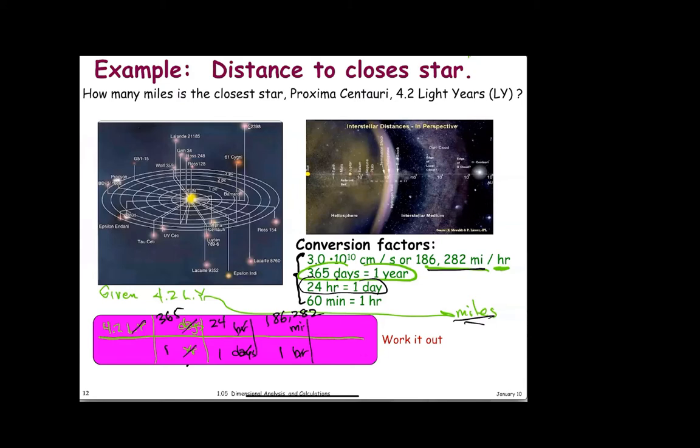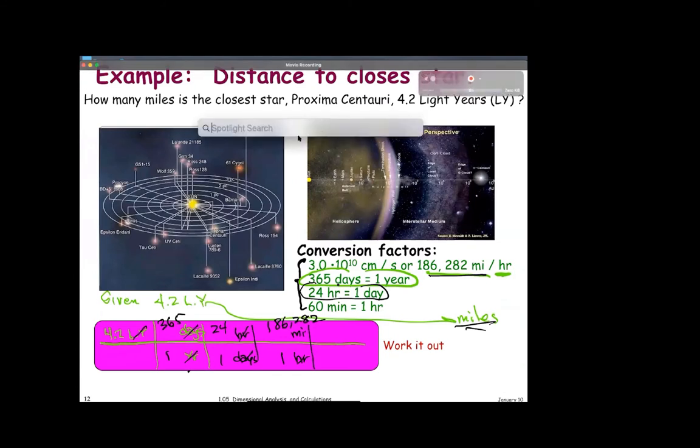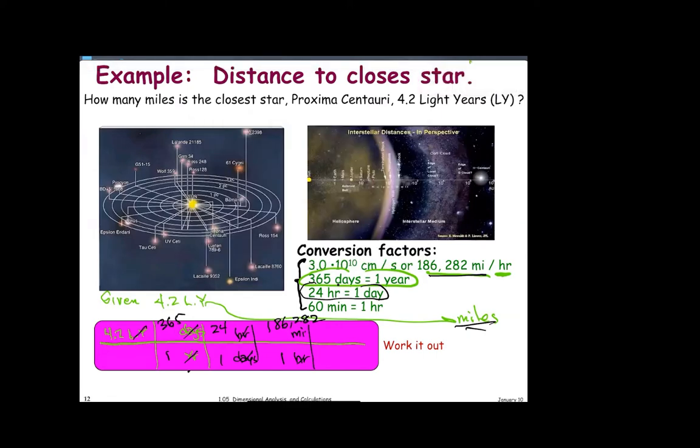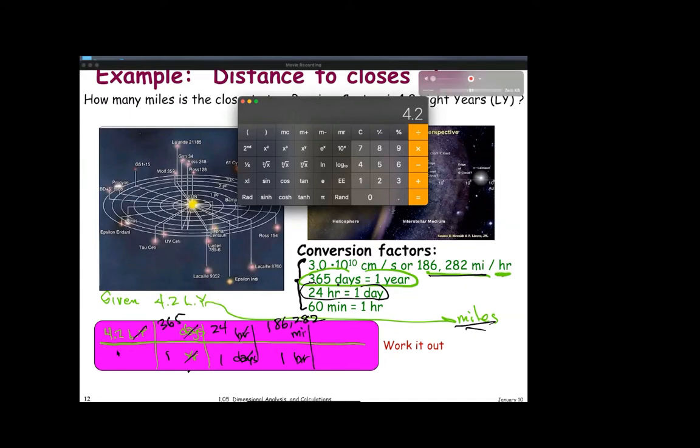If I take my calculator, let me show you my calculator here so that you can see how that works. Okay, here it is. I'm going to take 4.2 and multiply. I'm just going to multiply, because when you divide by 1, you don't want to waste time on that.